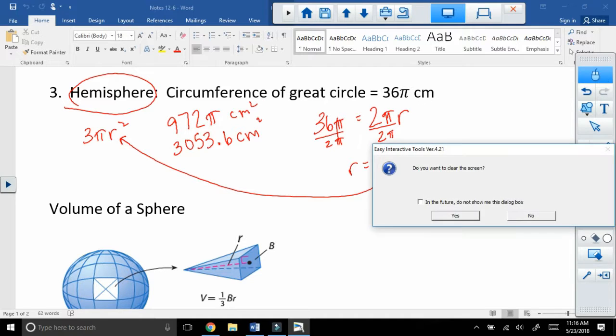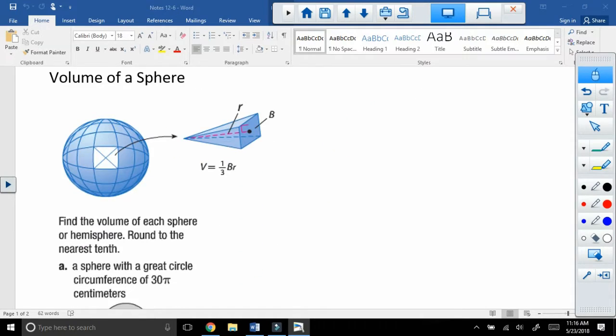Okay, when we're doing volume, the only thing you need for volume of a sphere is what the radius is also. I wanted to kind of develop this very briefly. You can think about taking a sphere and making a whole bunch of pyramids out of it. The formula for a pyramid is 1/3 the area of the base times the height, which would be the radius of the sphere.